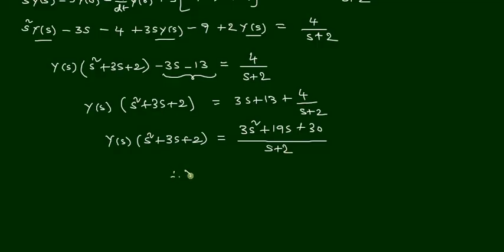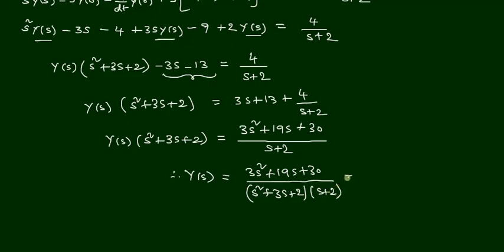Now we write Y of s equals 3s square plus 19s plus 30 divided by s square plus 3s plus 2 into s plus 2. This quadratic can be written in simple pole form as s plus 1 into s plus 2.